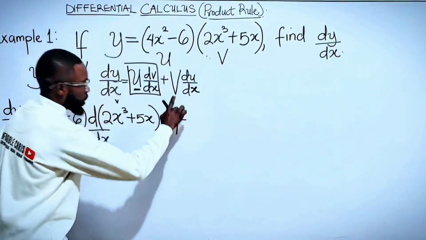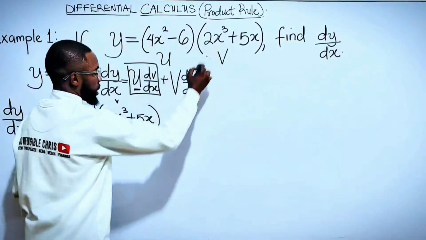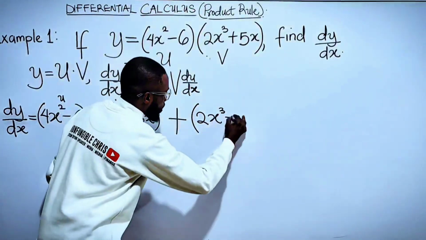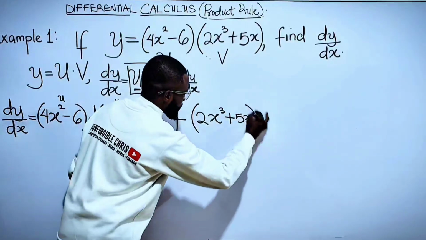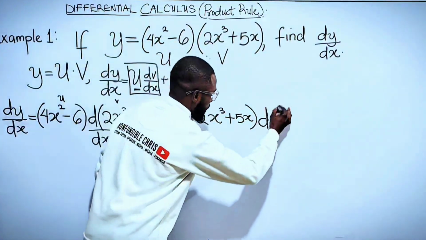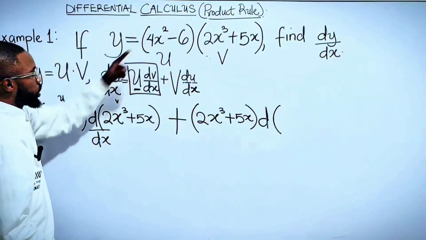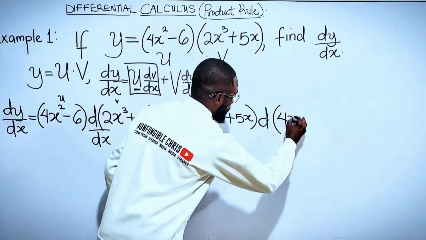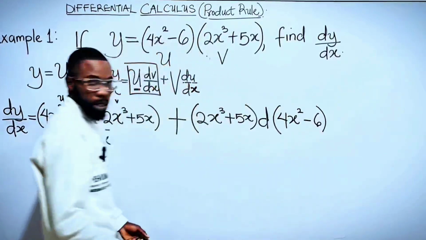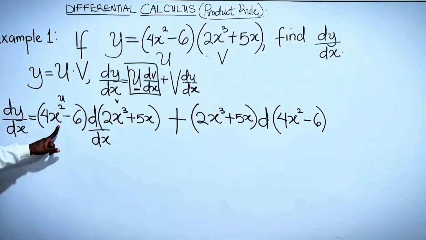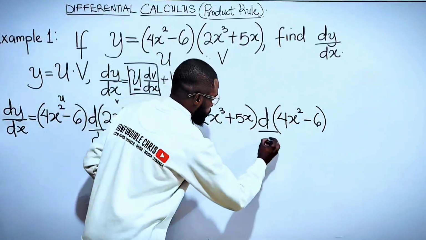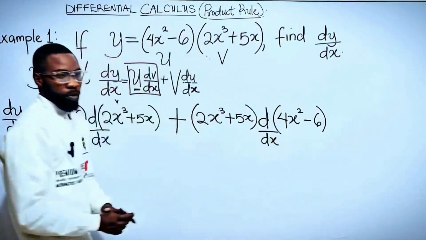We're now fixing v, which is 2x cubed plus 5x, v du. So we put our d and then fix the value of u, which is 4x squared minus 6. Now we have fixed u dv plus v du over dx.